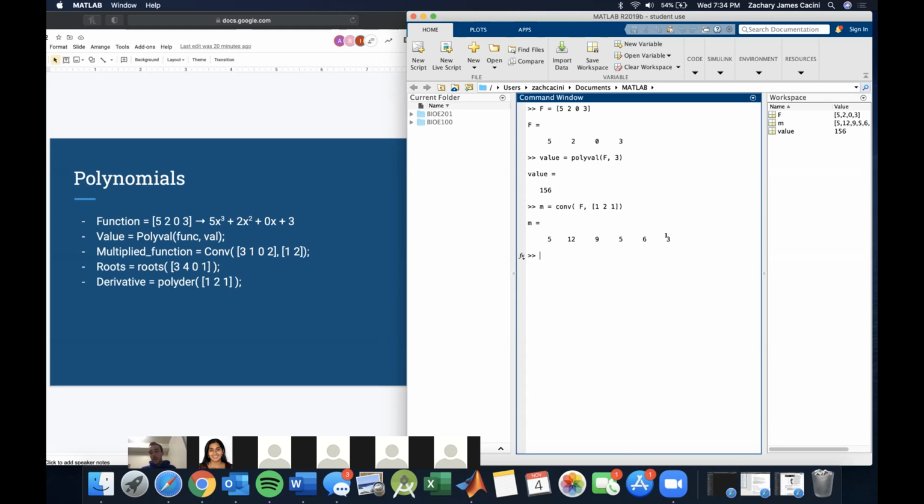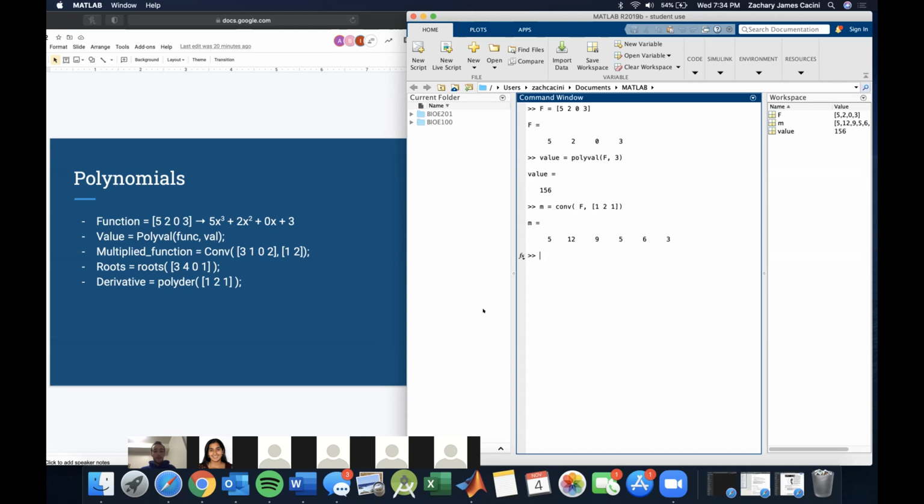This will correspond to the x to the 0, x to the 1, x to the 2, x to the 3, x to the 4, x to the 5. And this makes sense because our original polynomial had an x to the 3, and this second polynomial had an x squared. So the highest we can have is x to the 5th.